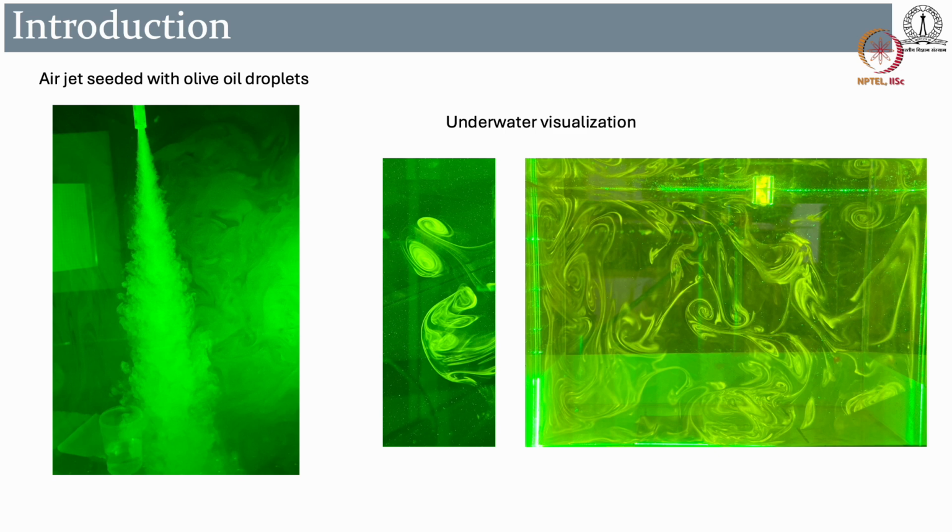Here you can see some underwater visualization of nothing but just the water. We took some rhodamine, which is a fluorescent material, and made the laser light fall on it, and you can see these standing structures of vortices underwater.